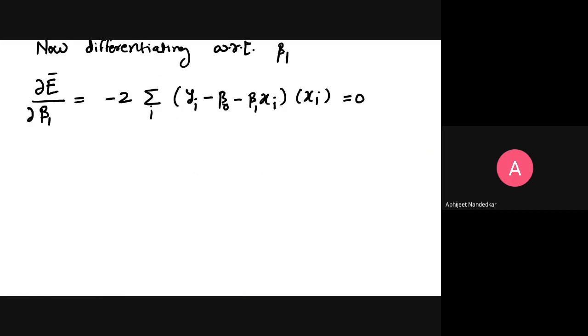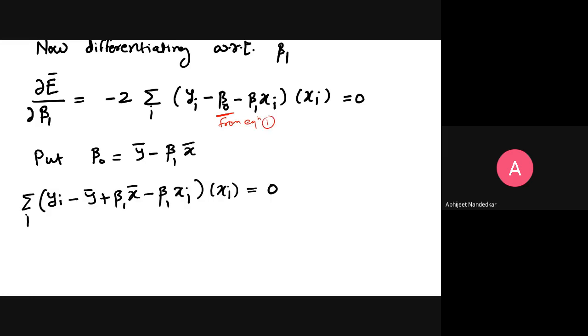Then I differentiate with respect to beta 1, the same error function, and equate to 0. So this will be the step. Then I substitute here the value of beta 0 from equation 1 that we have seen just now, and then I simplify.